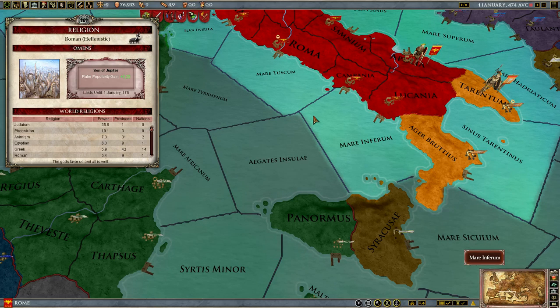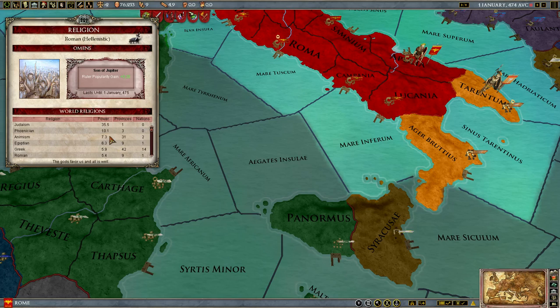Well, it affects omen success chance. Having an extremely weak religion, like ours being only 5.4, well, we're going to be in trouble. That means a lot more of our omens will be failures. Whereas Jewish have a high base omen success chance, I suppose. Let's see, ours was 45%, so about 70? Roughly about 70% base success chance, which is impressive.